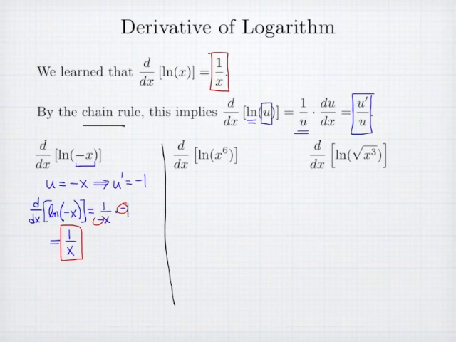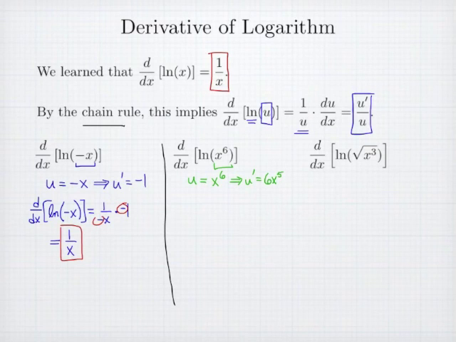Our second example is to look at the derivative of the natural logarithm of x to the sixth. So again, we look at our expression, and our interior expression is x to the sixth. The derivative of that expression is 6x to the fifth.